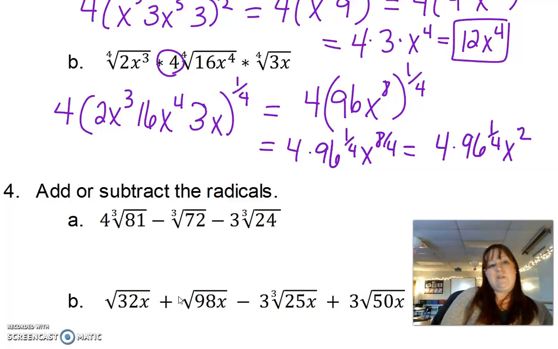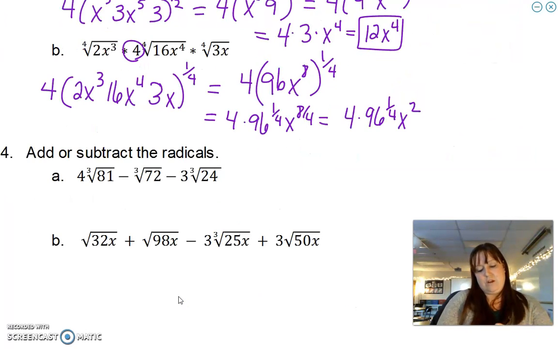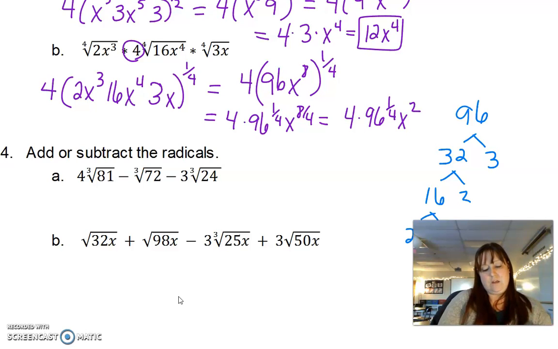All right, now we got to figure out this 96. I didn't quite leave myself room, so I'm just going to go ahead and do it right here. So we have 96. Well, we know that that is 32 times 3. 32 is 16 times 2, and that is 2 times 2 times 2 times 2.